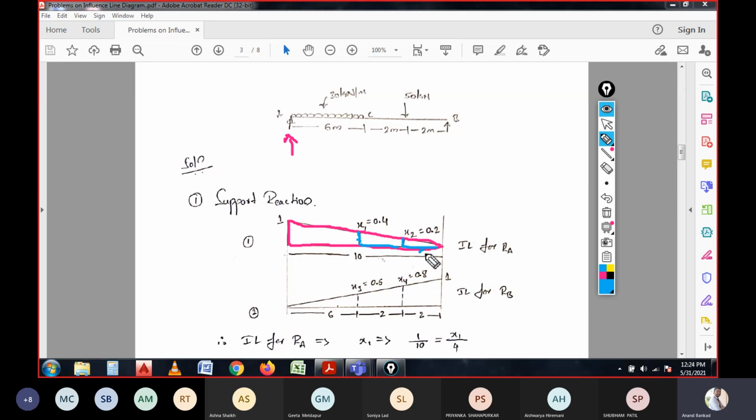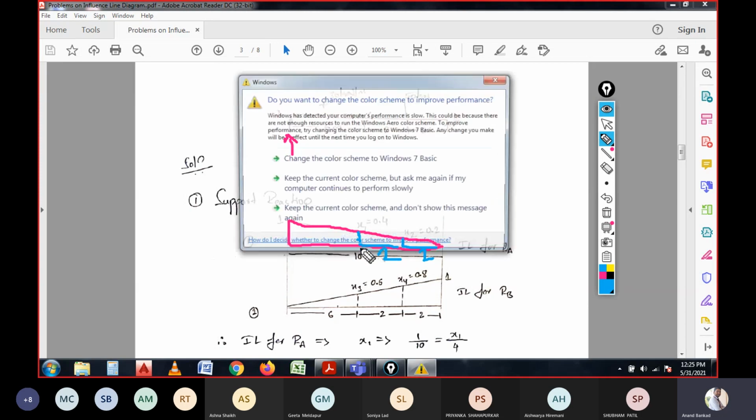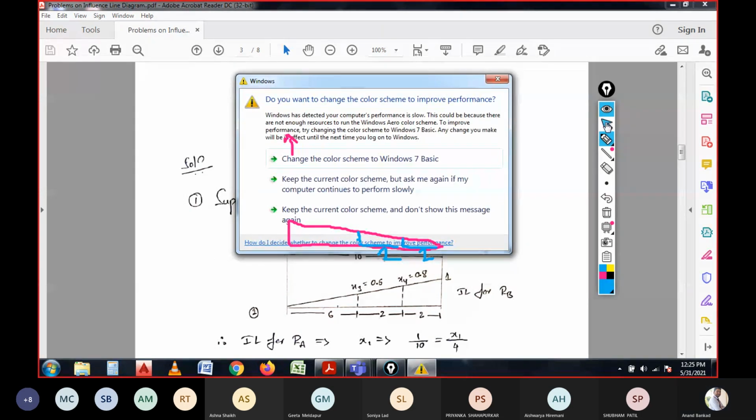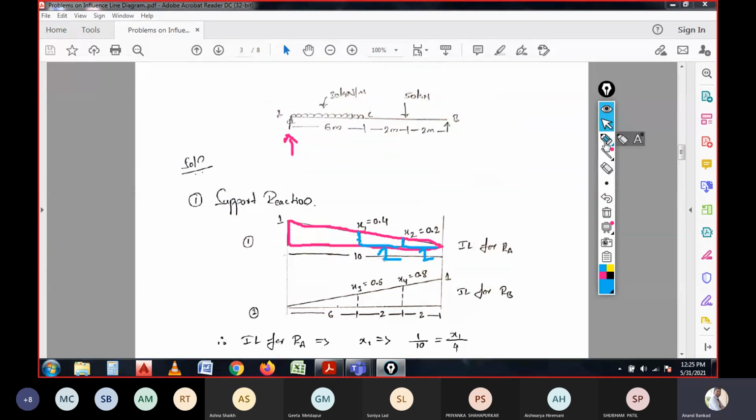Again over here it is 2, and for this support we have a 2 meter span, and 2 by 10 will be 0.2.